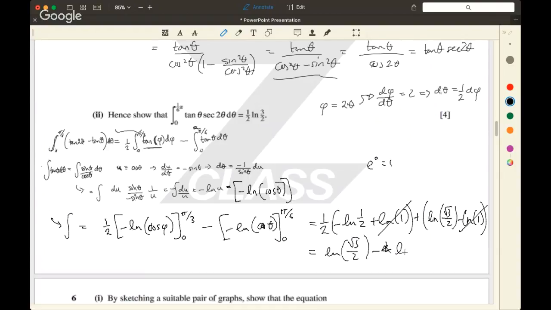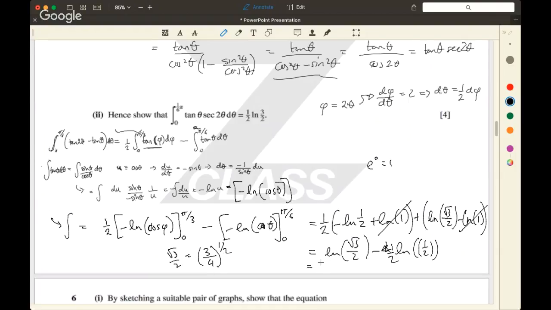minus ln of 1/2. Actually, you know what, minus ln of 1/2. And then we realize that the square root of 3 on 2 is equal to 3 on 4 to the power of 1/2.